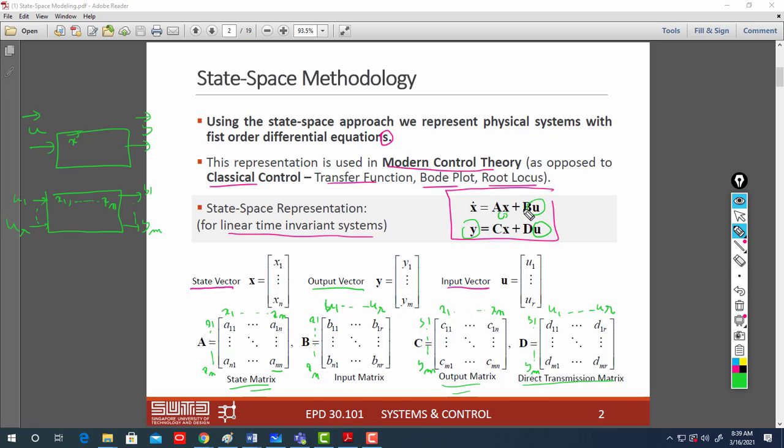So to change B, maybe you change your actuators and then B will change. Change your sensors, the way you are measuring your output, and maybe the C matrix will change. A is the state related to the system, the plant itself. So that's it about dimension. We spent some time, but it's very important to understand them.